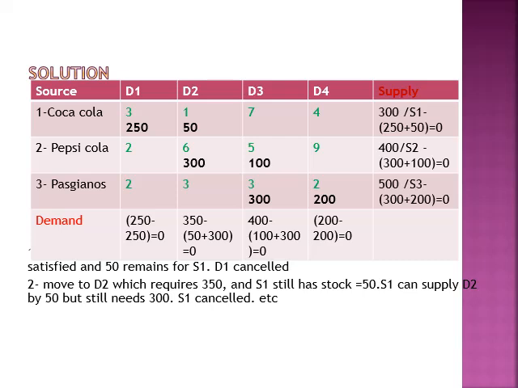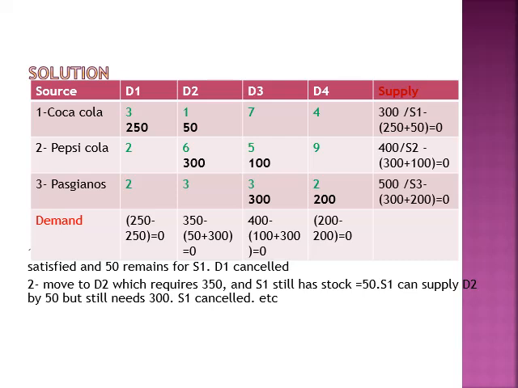Now, first check. D2 requires 350 units. Coca-Cola previously gave D1 250 and it has 300. The remainder for Coca-Cola is 50 units.